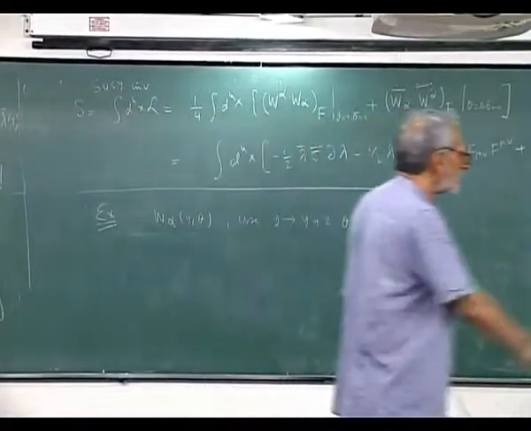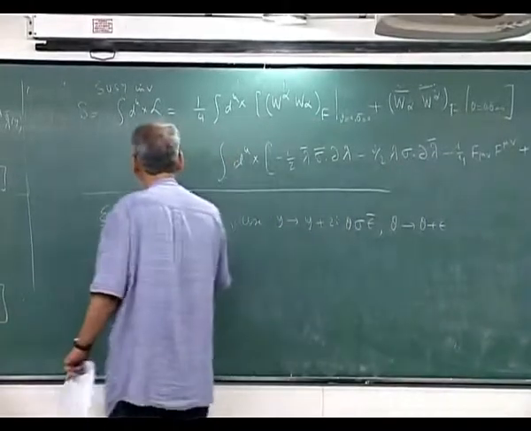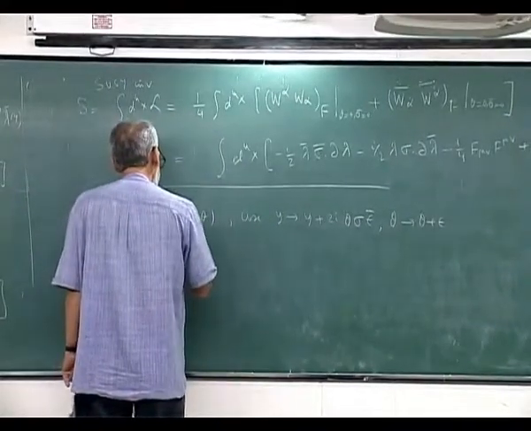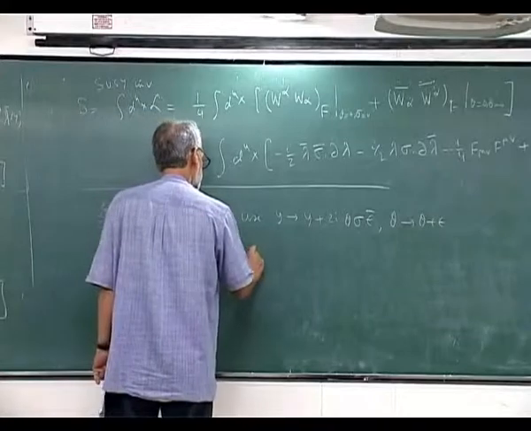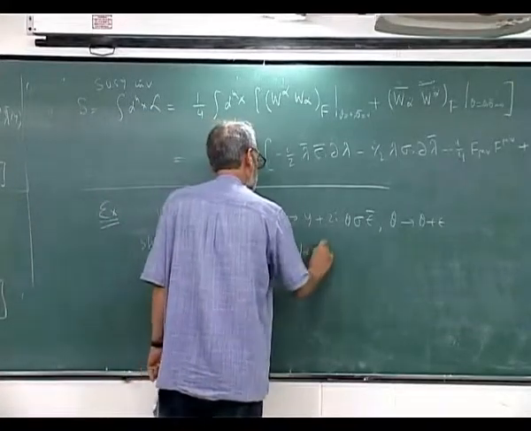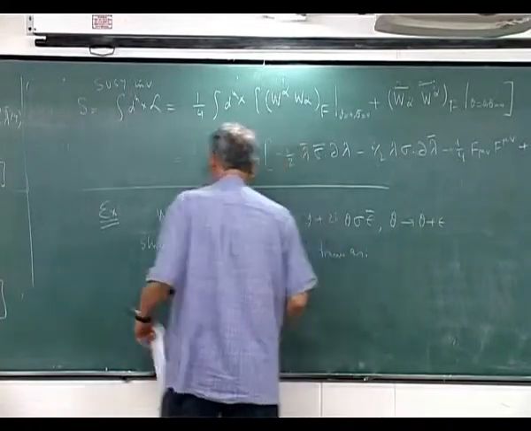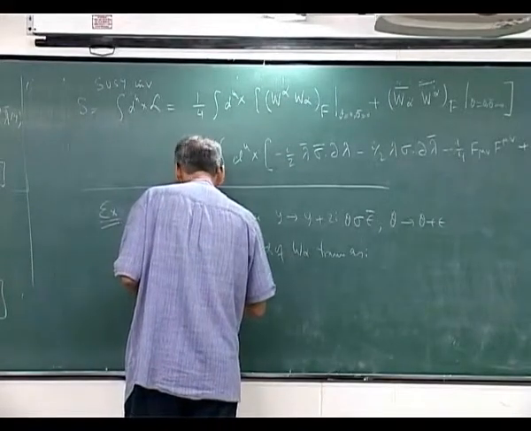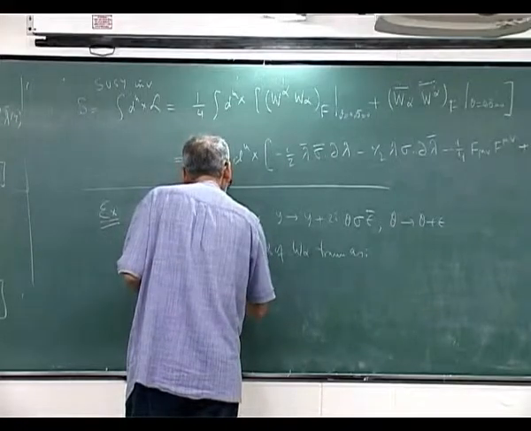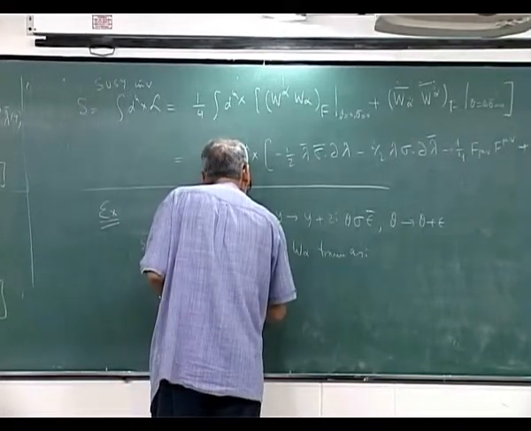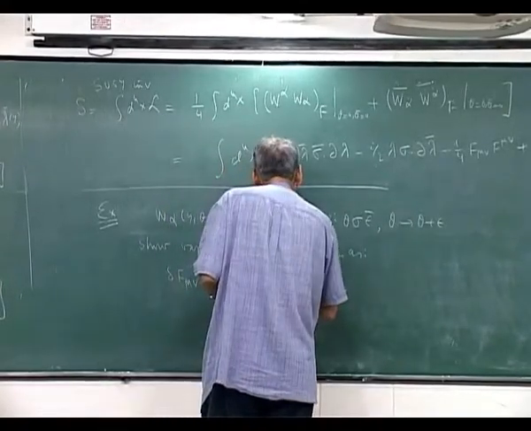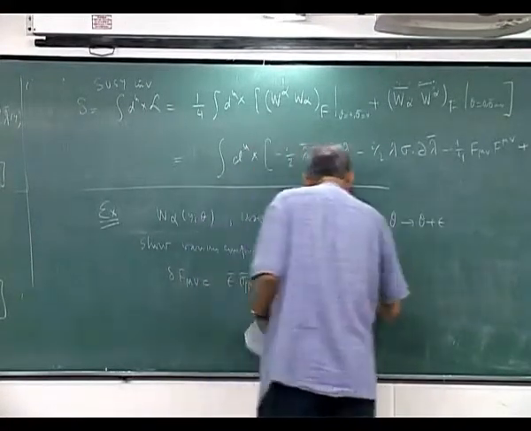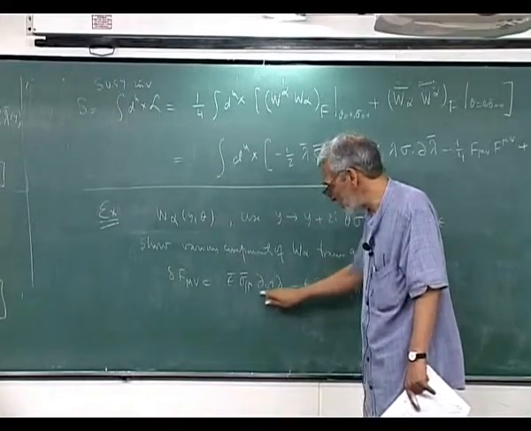Use these transformations on this W alpha and show that various components of W alpha transform as delta F mu nu is epsilon bar sigma bar mu delta nu lambda minus epsilon sigma mu delta nu lambda bar. This bracket is an antisymmetric combination, mu nu antisymmetric.